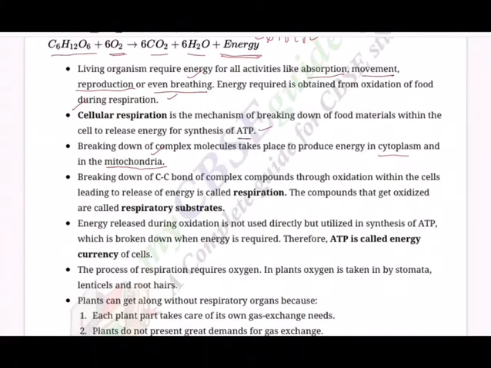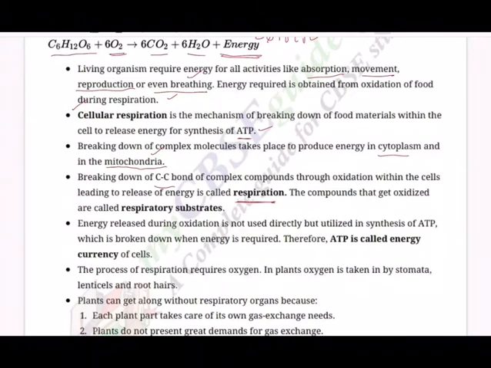ATP is called the energy currency, just like the Indian currency rupee. Breaking down of carbon-carbon bonds of complex compounds through oxidation within the cells, leading to release of energy, is called respiration.